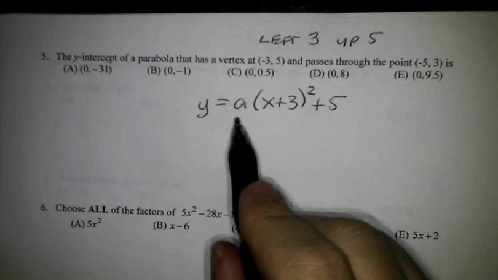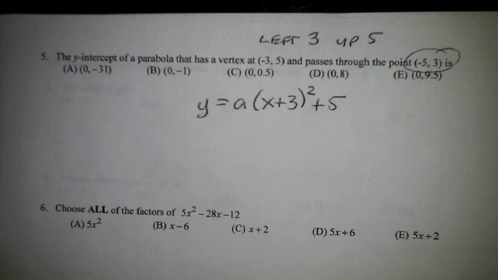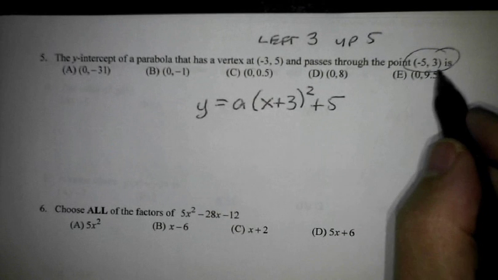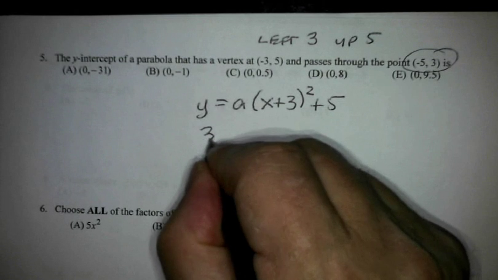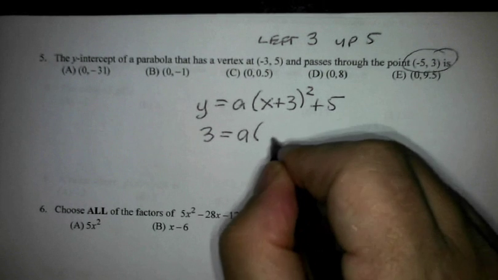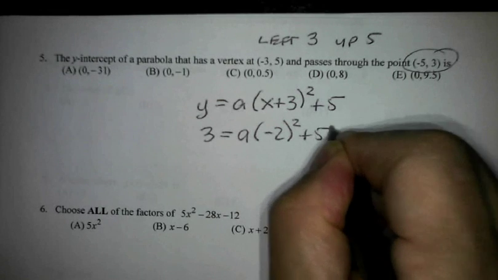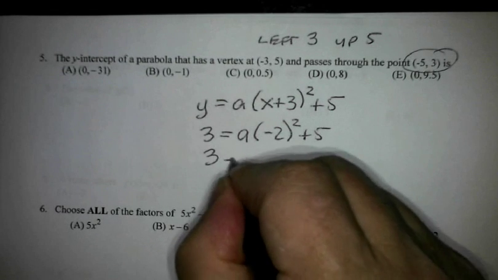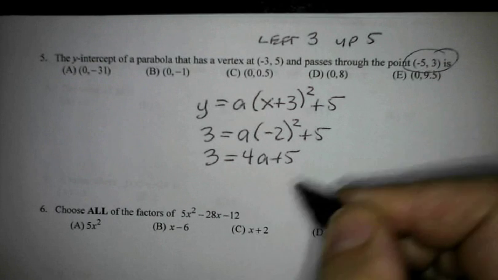I need to figure out what a is. So I'm going to use this other point to solve for a. Plugging in, y is 3, x is negative 5. So 3 is equal to a times negative 5 plus 3, which is negative 2, squared, plus 5. So I get 3 is equal to 4a plus 5.